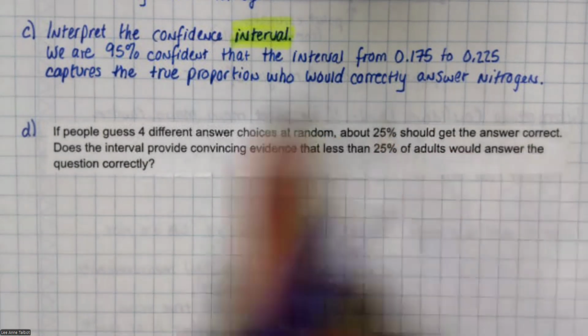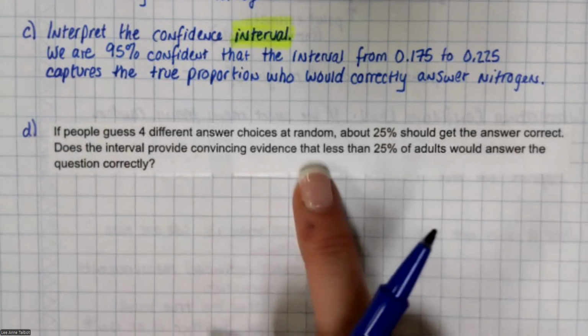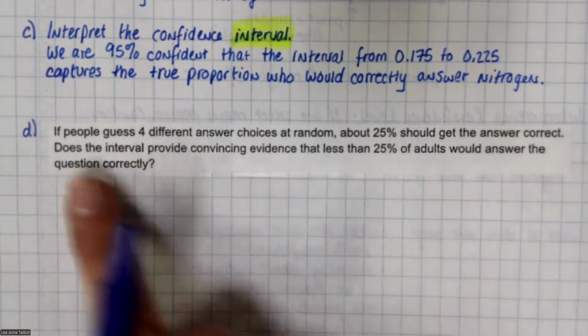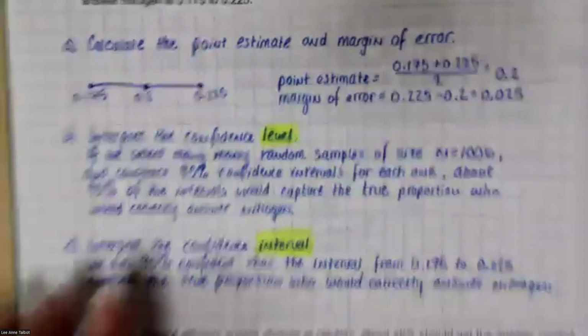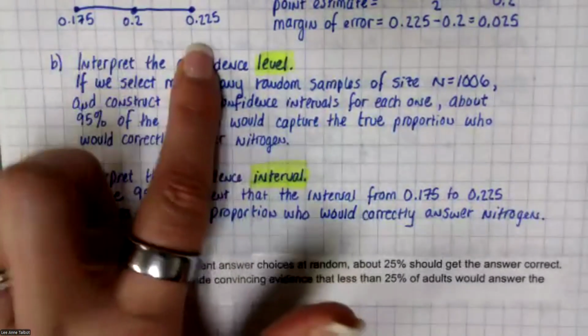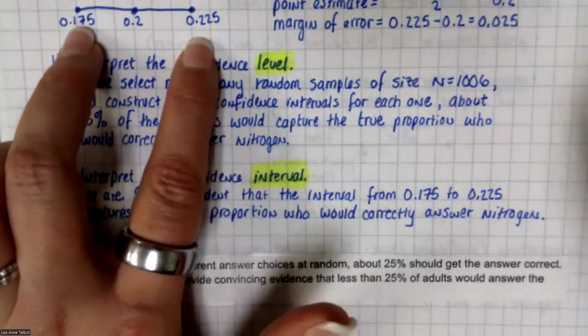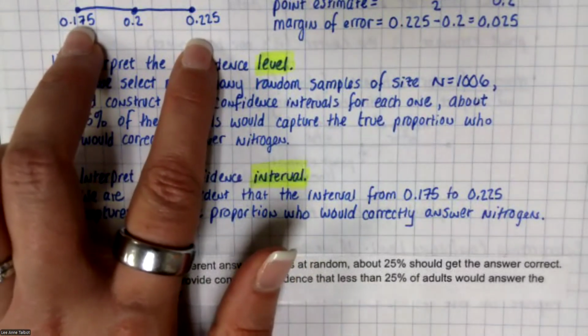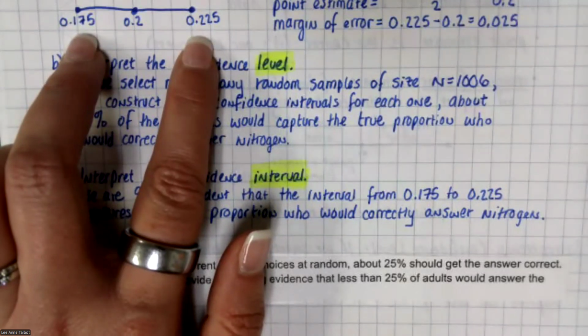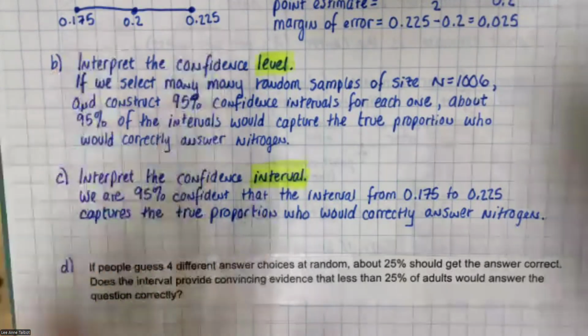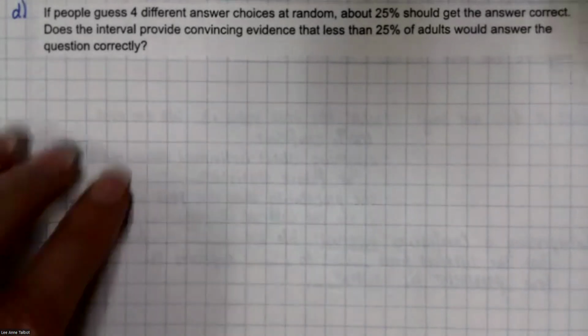Okay. Does the interval provide convincing evidence that less than 25% of adults would answer the question correctly? Take a look at your interval. Does this provide evidence that less than 25% of adults will answer correctly? Yes, why? Exactly. Yes.